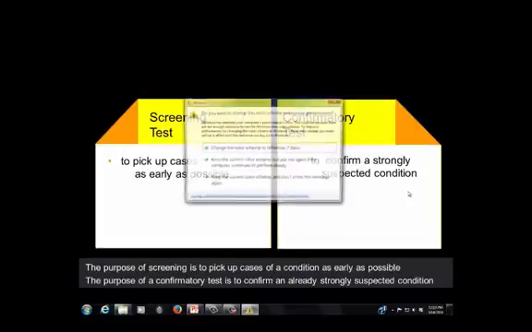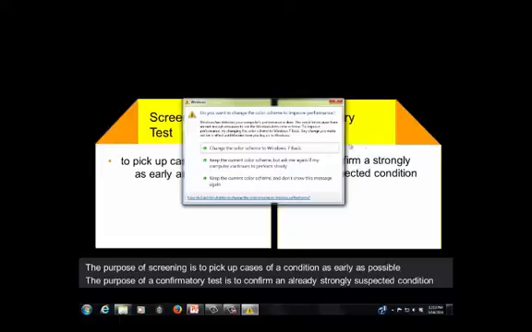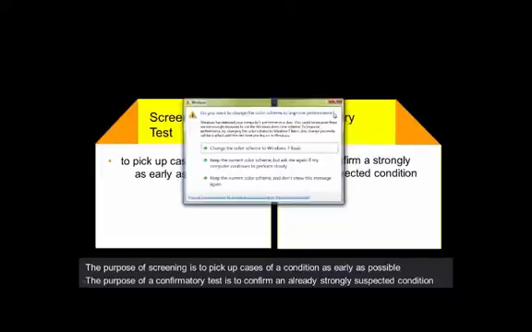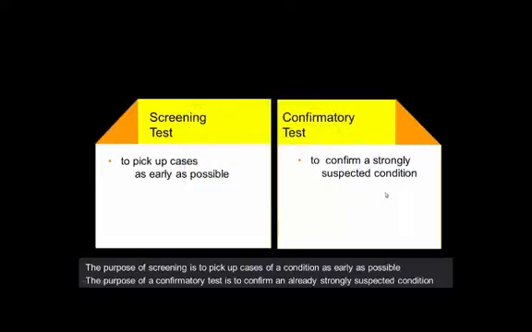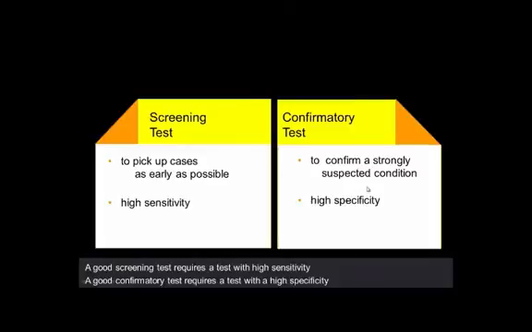So the purpose of a screening test is to pick up cases of a condition as early as possible. The purpose of a confirmatory test is to confirm an already strongly suspected condition. These are highly different. A good screening test requires a test with a high sensitivity.